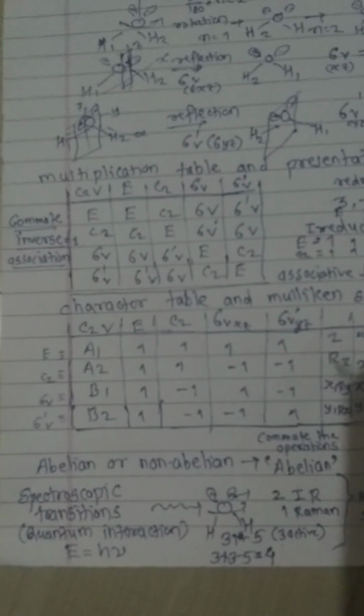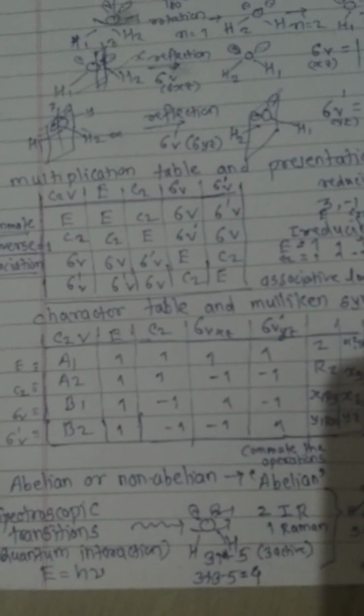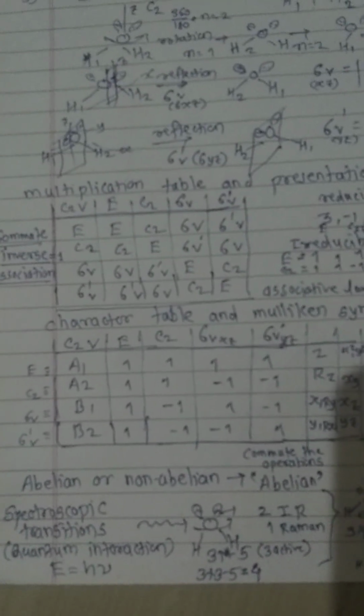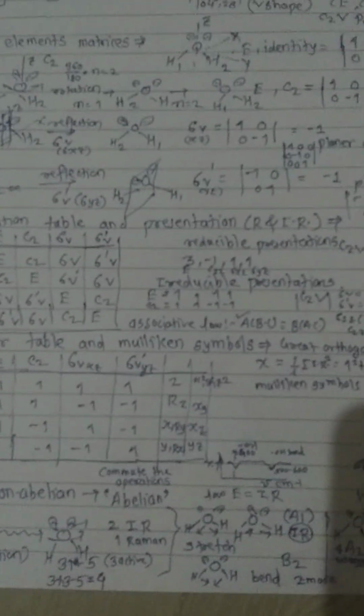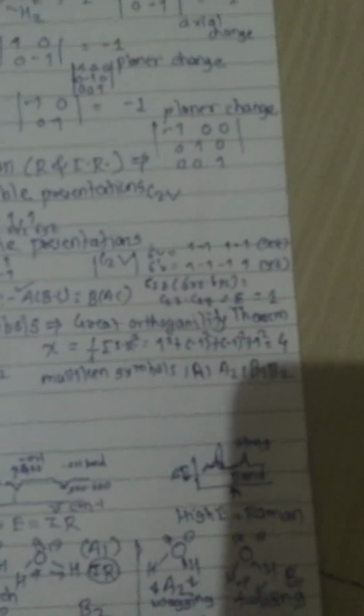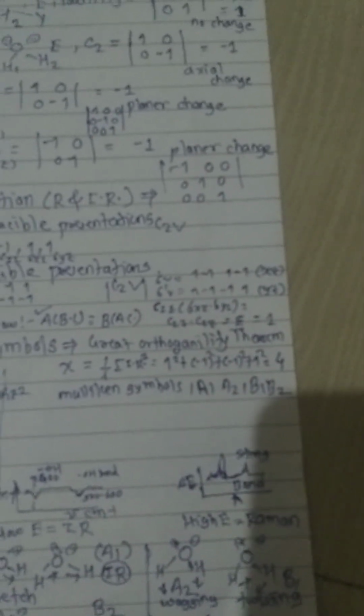Here all these symmetry elements in C2v commute, so that's why it is an abelian point group. If they do not commute, the point group will be non-abelian. As it is an abelian point group, we have to study further its Mulliken symbols A1, A2, B1, B2 and their meanings.